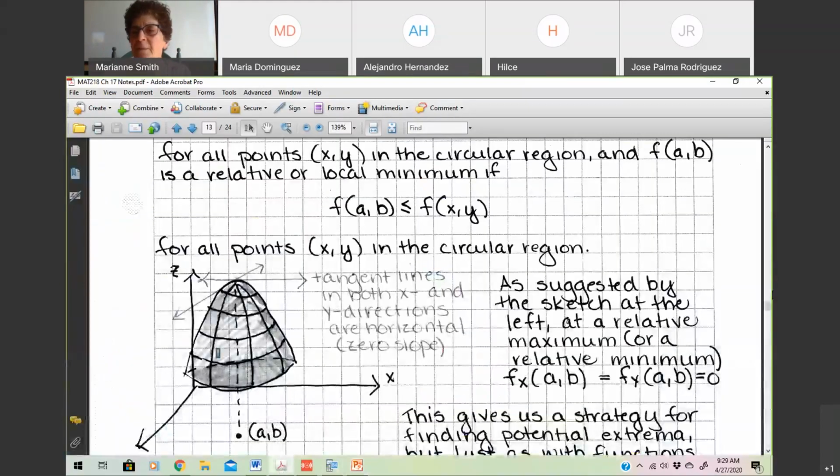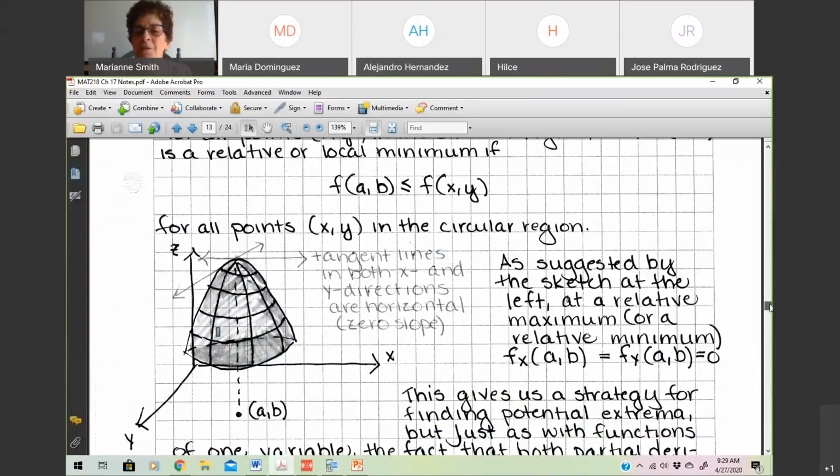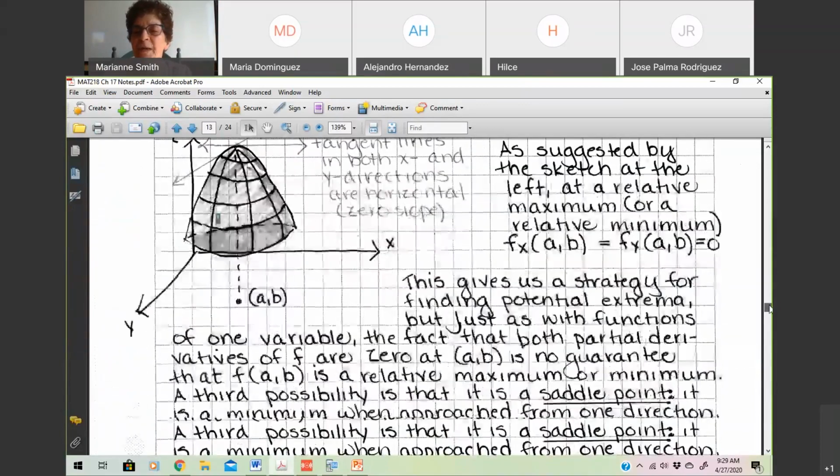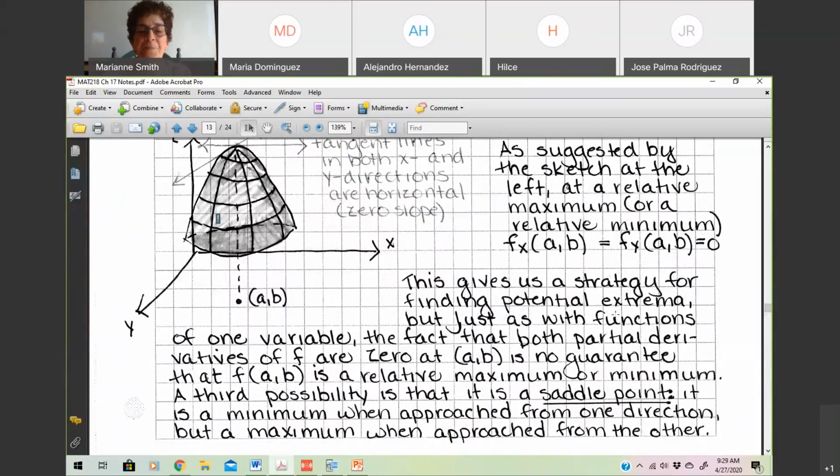Okay, back to my notes. The strategy we're going to use for finding potential extrema is to first set both first derivatives to 0 and come up with the xy pairs on the floor that are critical points. But just because they are critical points, just like with functions of one variable, it doesn't guarantee that they're a maximum or a minimum.